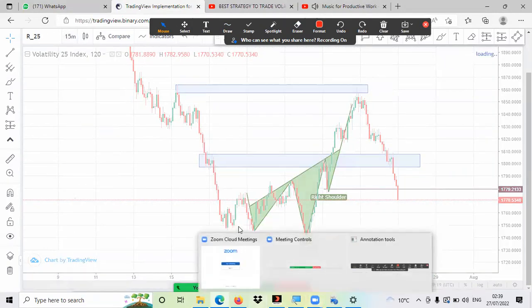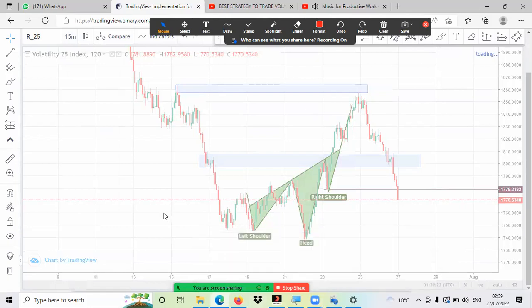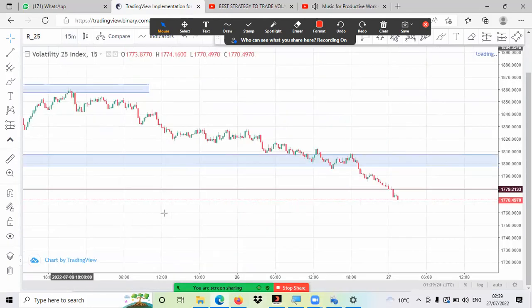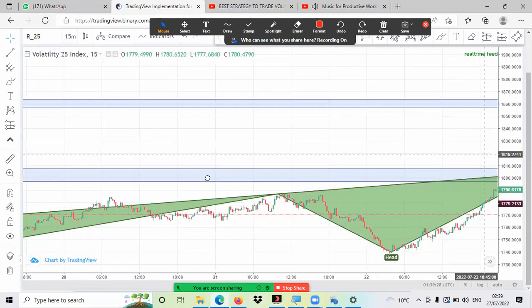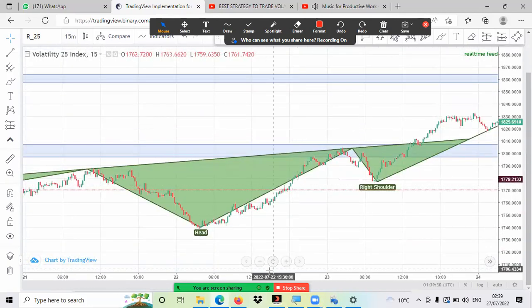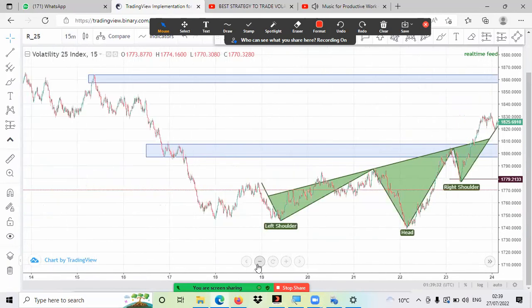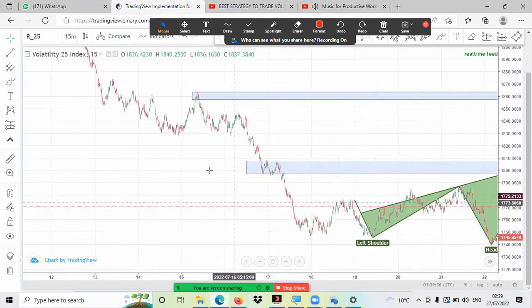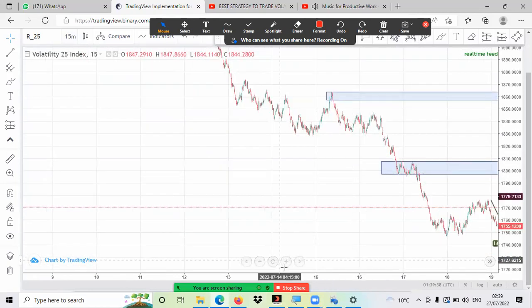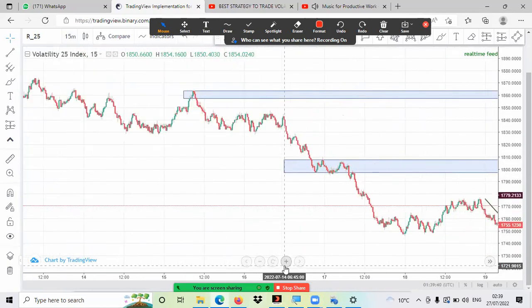We went to the 15 minutes. Look what's happening on the 15 minutes. Let me zoom in. Yeah, that's the trade on the 15 minutes.